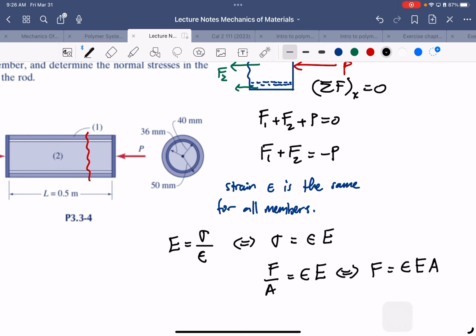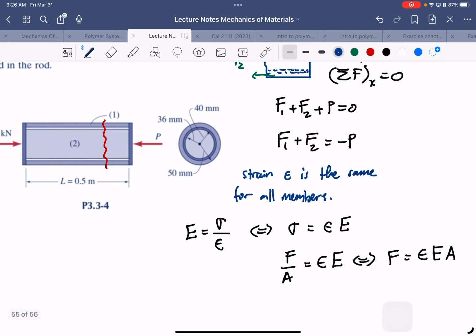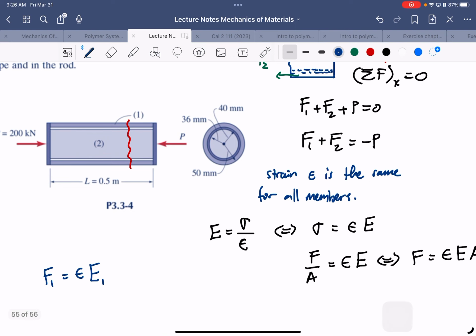So we could develop each force, F1 and F2, with each condition, each modulus of elasticity, because they have different moduli, the steel and the aluminum, and different cross-sectional areas. And F2 is similar.